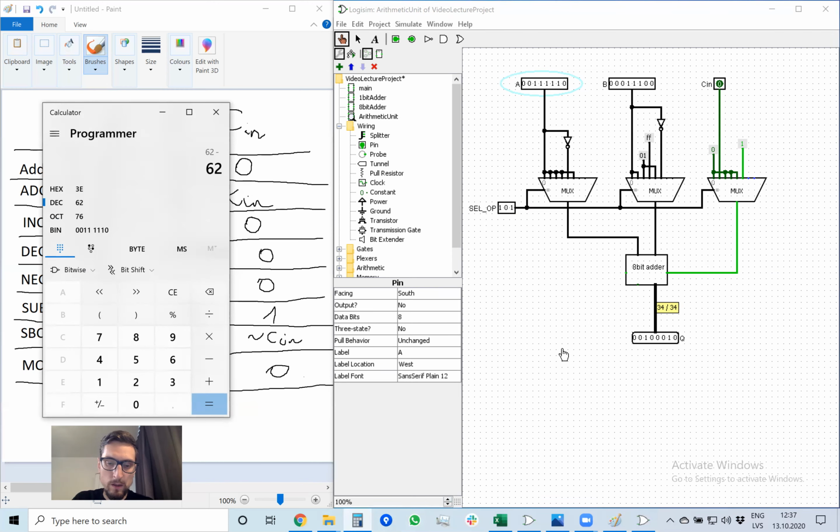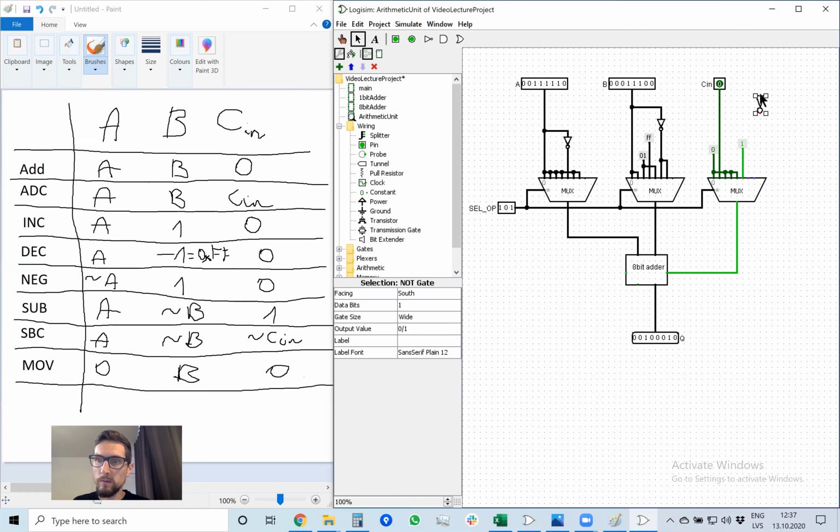So first input is A. Second input is B with all bits inverted. And instead of carry, we use the inverted value of carry. So I take NOT gate facing south. And for this, I select carry inverted.